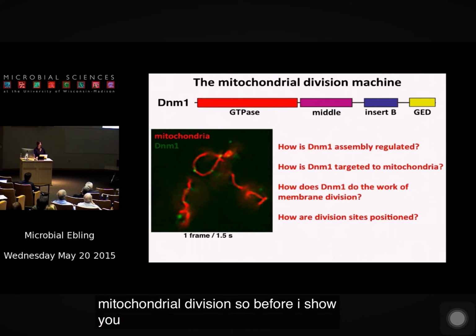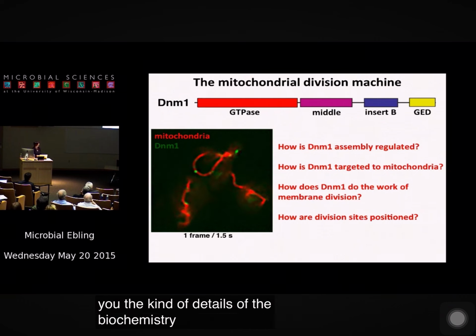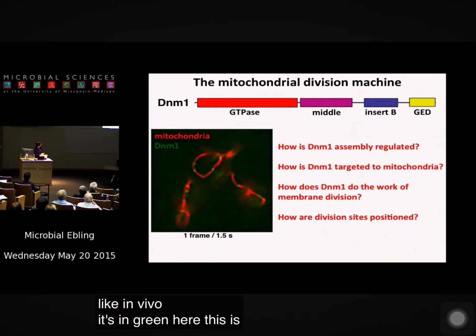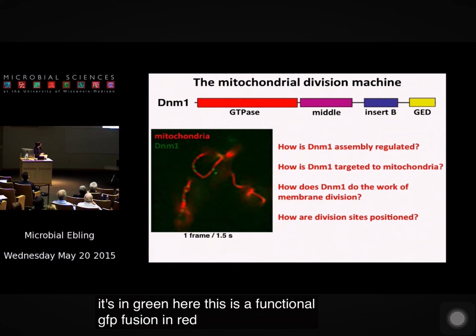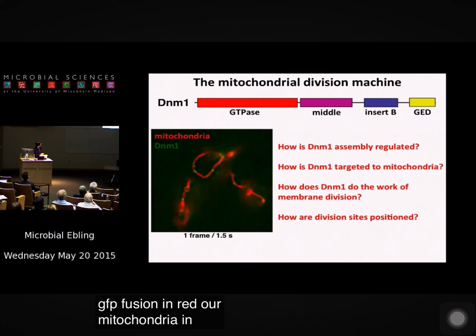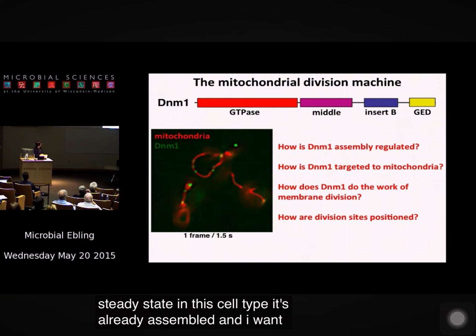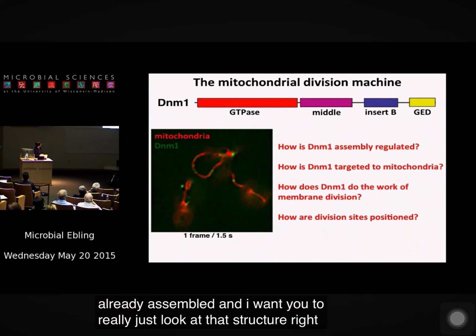So before I show you the details of the biochemistry and so on, I want to show you what this division machine looks like in vivo. It's in green here. This is a functional GFP fusion. In red are mitochondria in a yeast cell. This is a yeast cell here. And you can see at steady state, in this cell type, it's already assembled. And I want you to really just look at that structure right there.